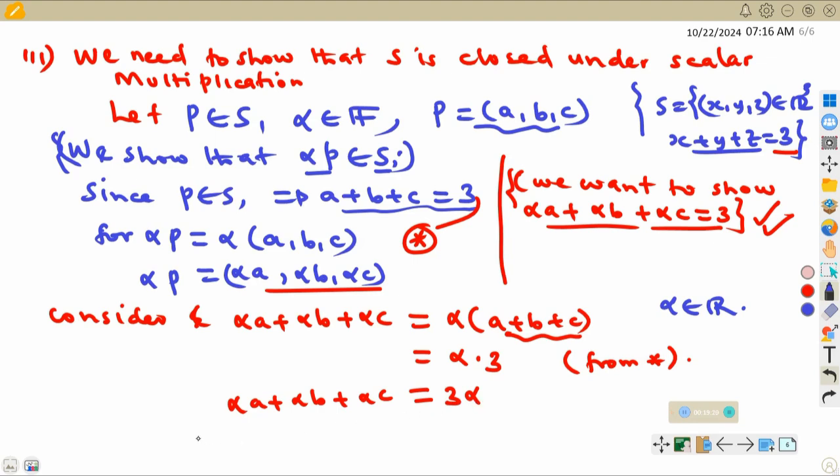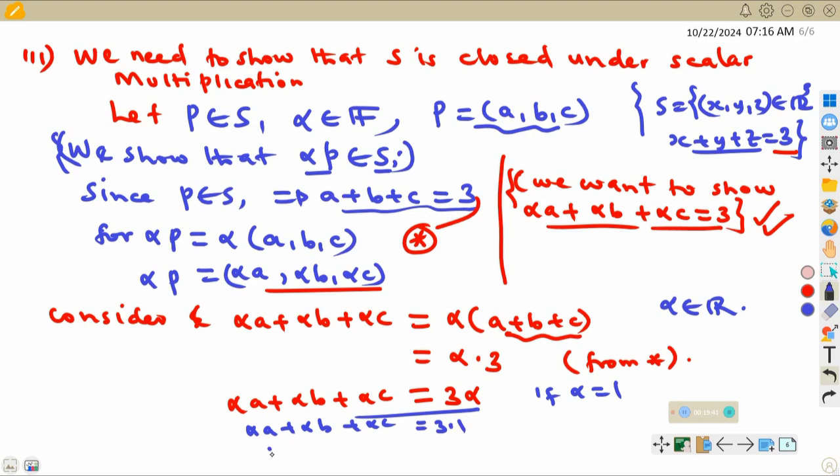Because if, for example, alpha is 1, this statement will hold, because we shall have alpha A plus alpha B plus alpha C equal to 3 times 1.